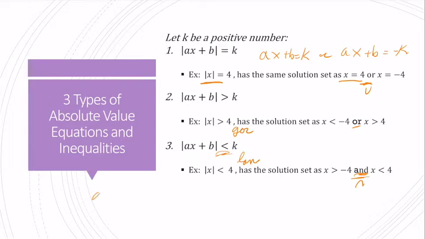Now we're going to remember the term GOR land: greater than or, less than and. This is kind of a mnemonic, but not really, just a way to help us keep our equations straight.